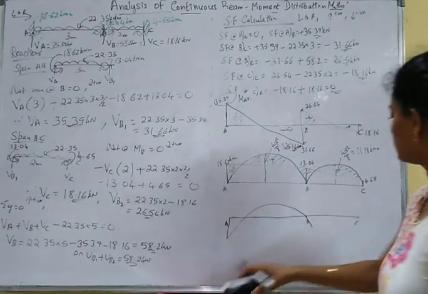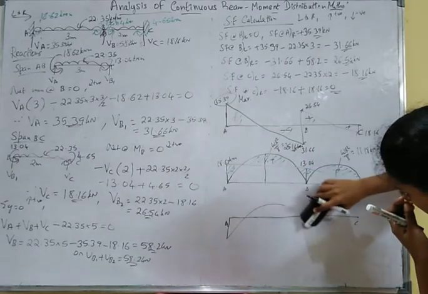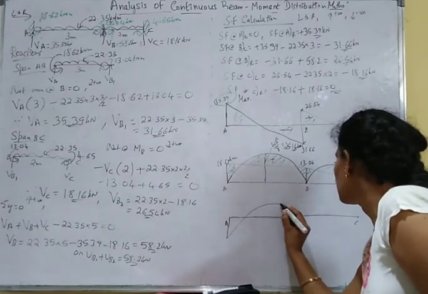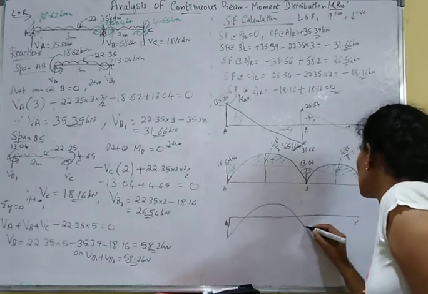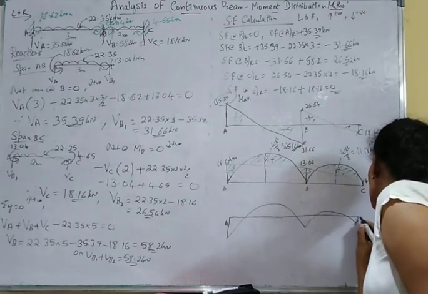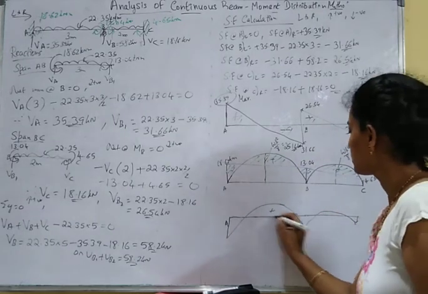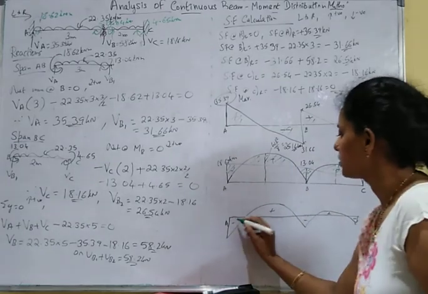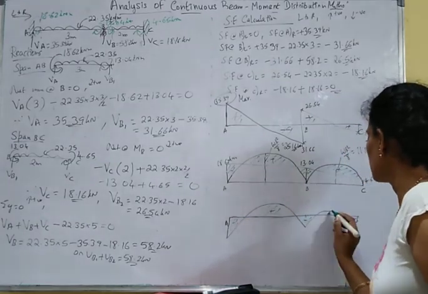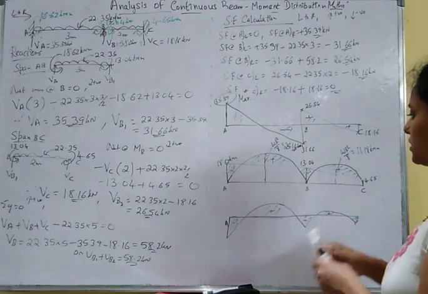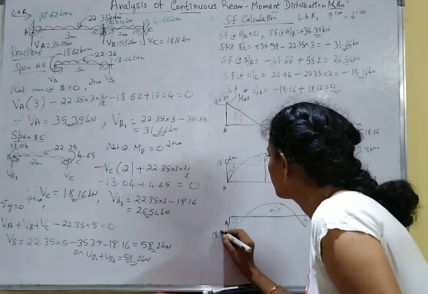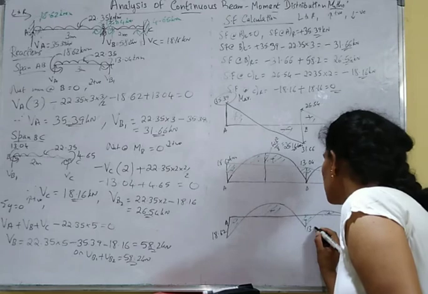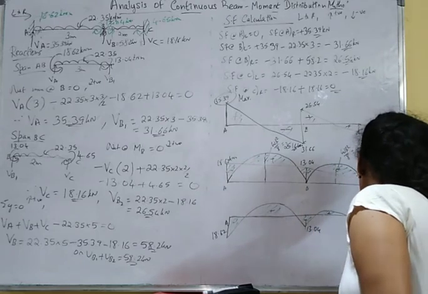Again it comes here negative. Again here positive and here negative. Okay. This is your bending moment diagram. So this is 18.62, this is 13.04 and this is 4.65.